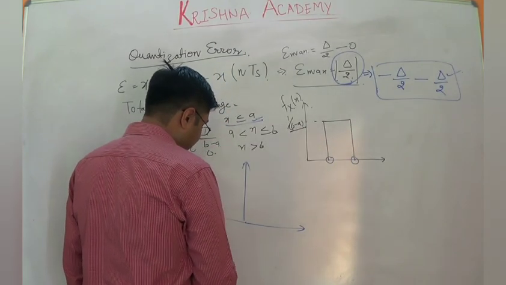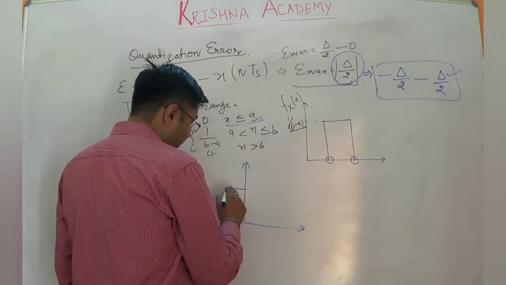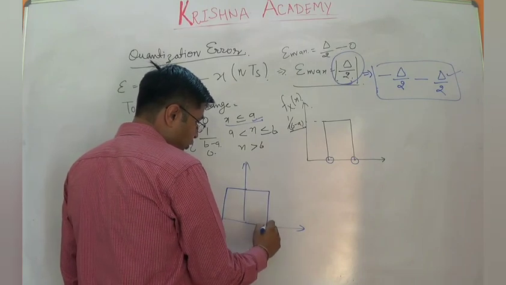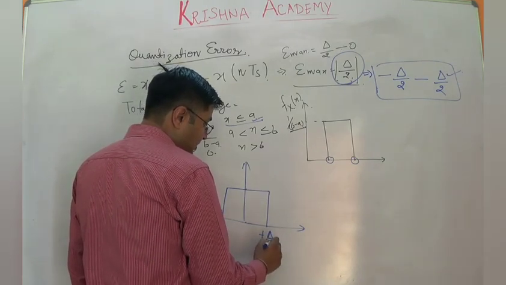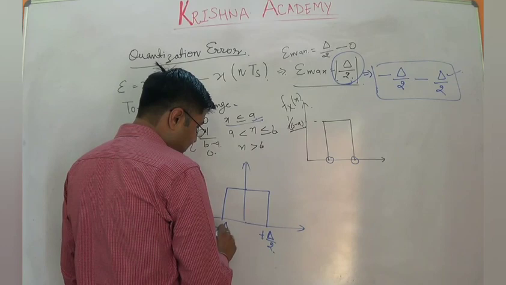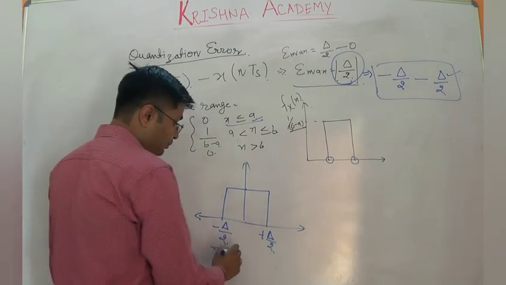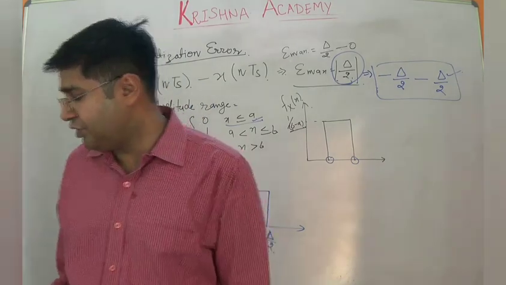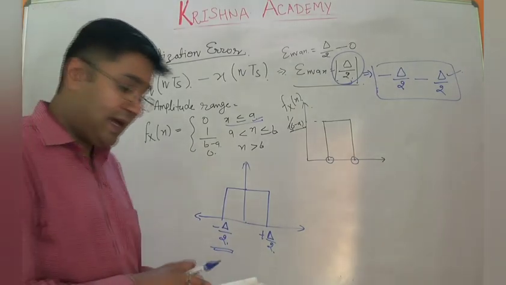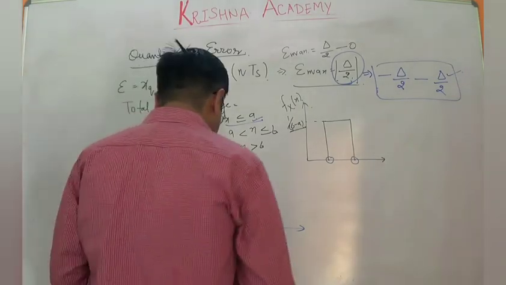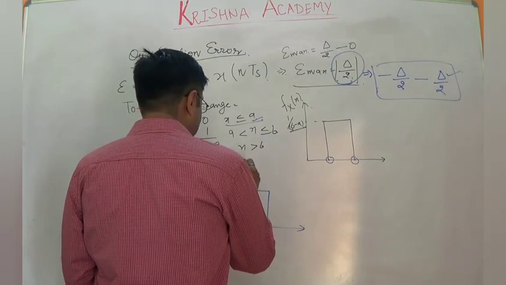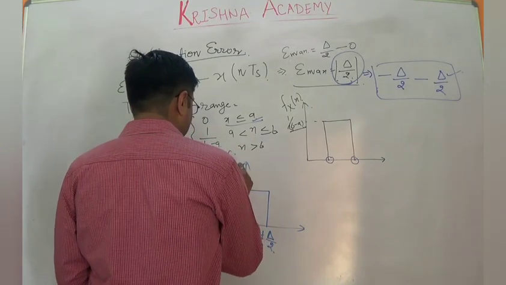If you are talking about this signal, it will be equally distributed around two parts, plus delta by 2 and minus delta by 2. It will be distributed around both the parts, and the maximum limit of this one is... suppose this is the error.